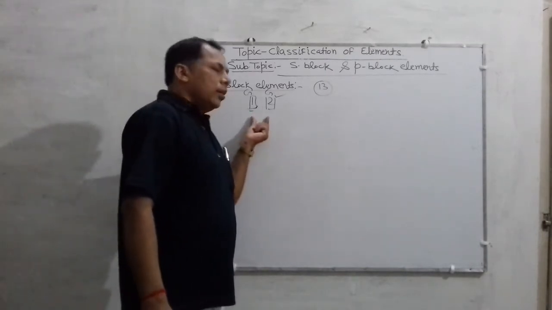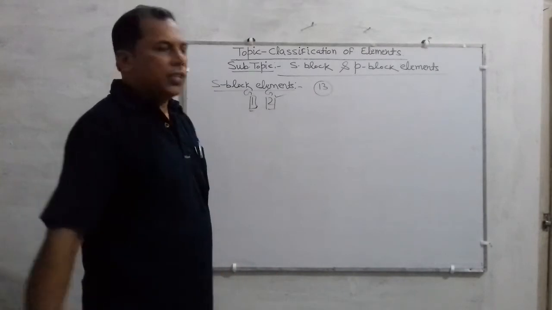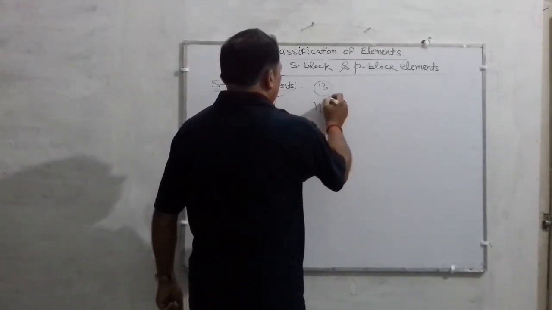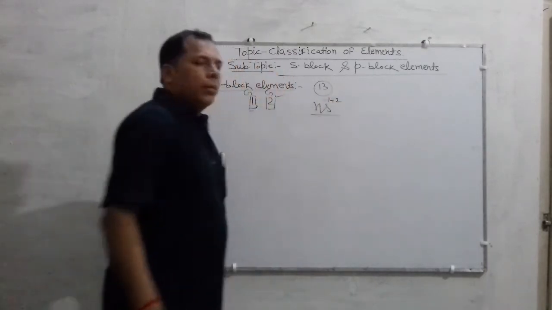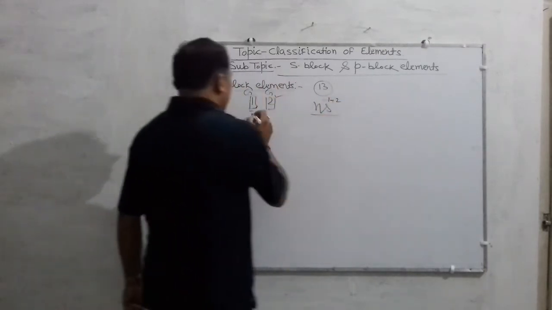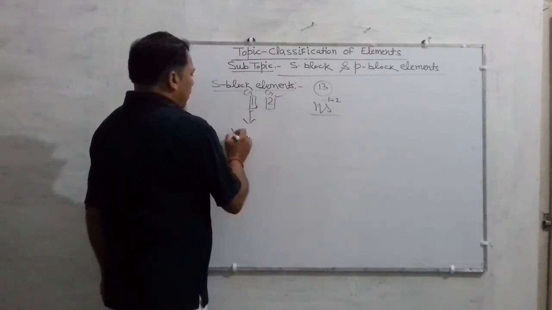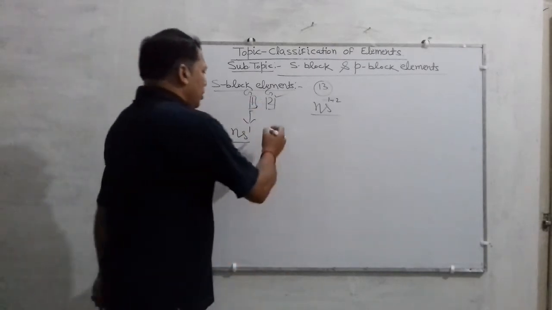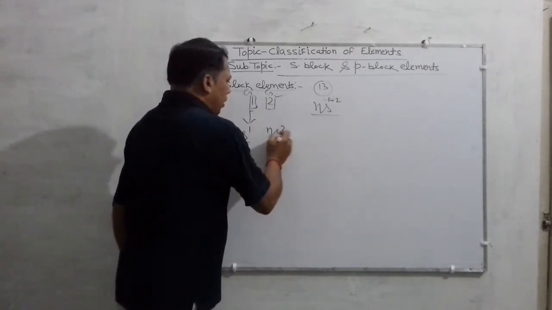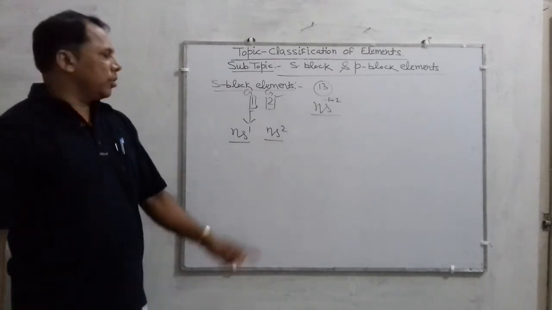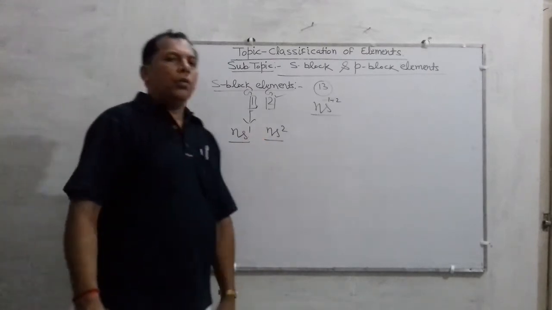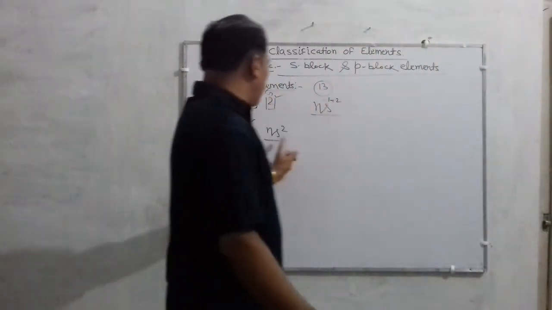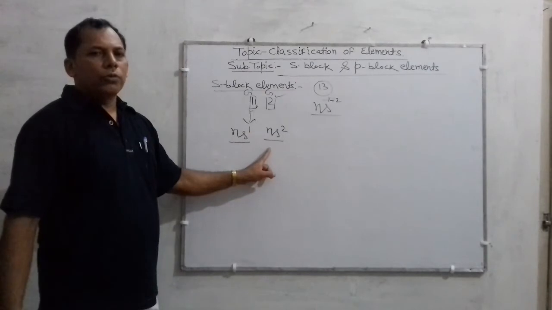And these S block elements generally possess the electronic configuration ns1 to 2, meaning the elements present in group first follow the electronic configuration ns1, and those present in group second follow the general electronic configuration ns2, where n denotes the number of the outermost shell.